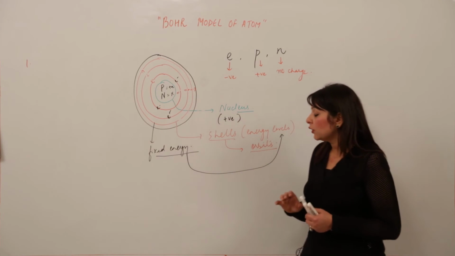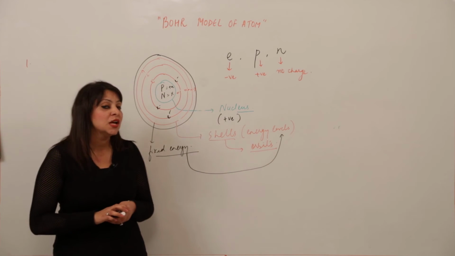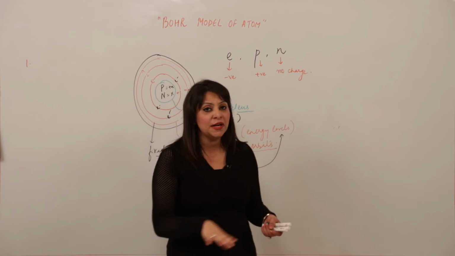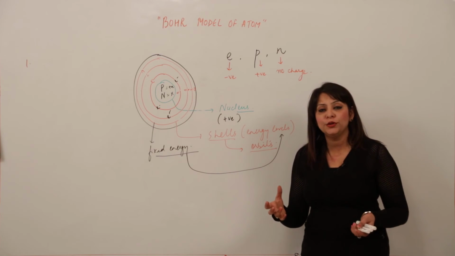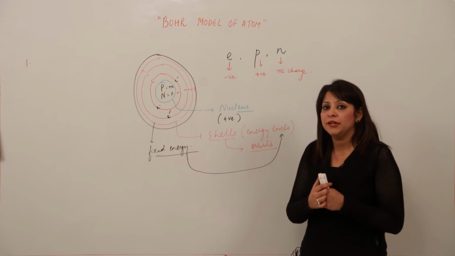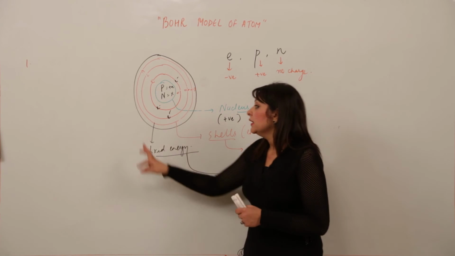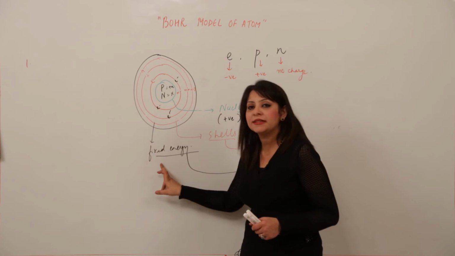He also explained that the major drawback of Rutherford's model was that when any charged particle revolves in a circular path, it emits energy, shortens its path and spirals down into the nucleus. This was the main drawback. Now how did he resolve that limitation? Look, he said that each orbit corresponds to a fixed energy.